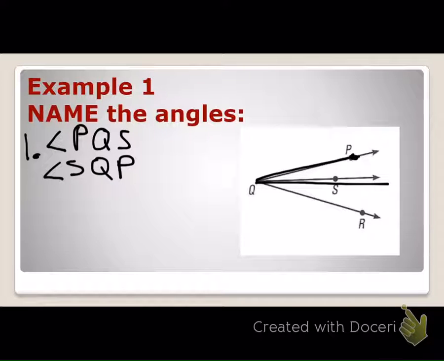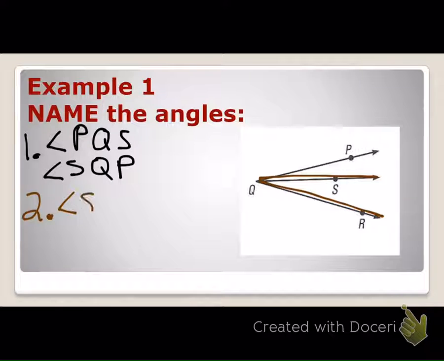Let's do the next one. Okay, number 2. What's the other angle you guys see here? SQR. So Justin said SQR. So angle SQR. Do not forget this angle sign. You miss points for that. What's another way to name that angle?